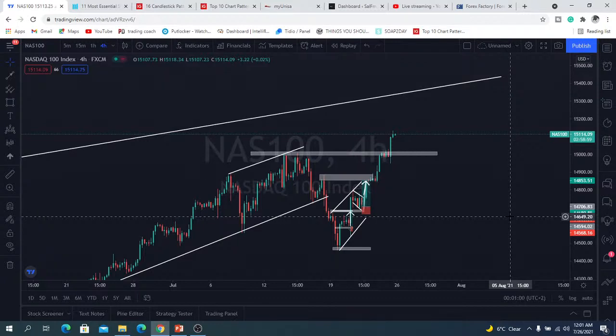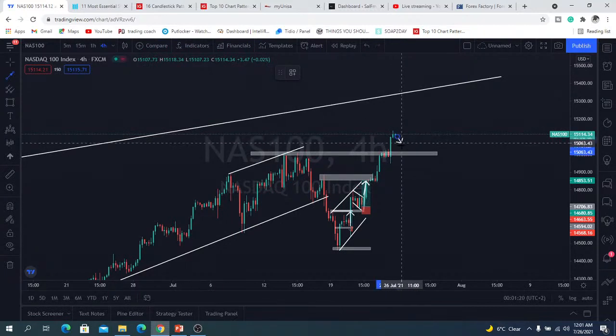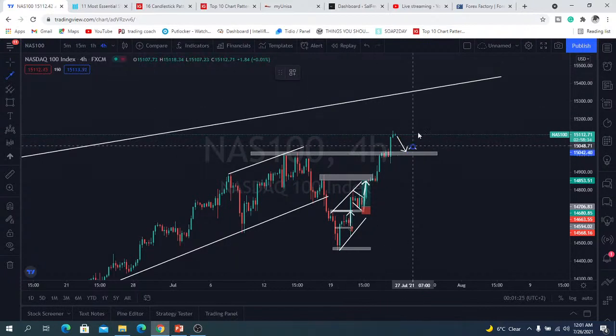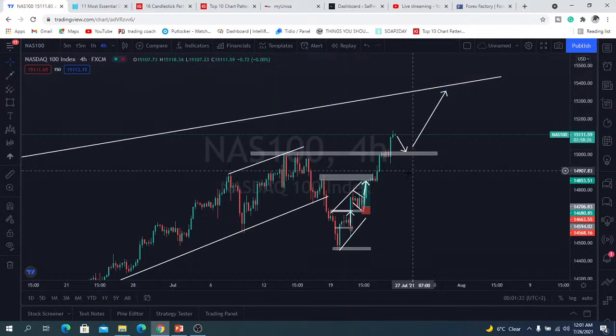You can argue with me, go back and backtest Nasdaq. You will see that most of the time, when you have a breakout, you have a retest. That's how it moves. Even right here, I'm anticipating a retest, then we can continue going up to give us that third touch.